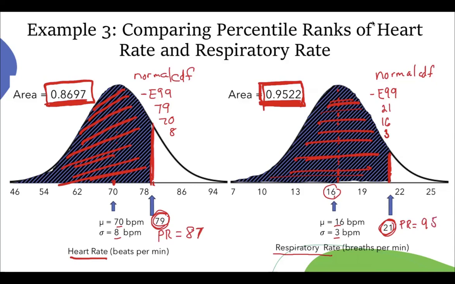So we have a percentile rank of 87 for heart rate and a percentile rank of 95 for respiratory rate.